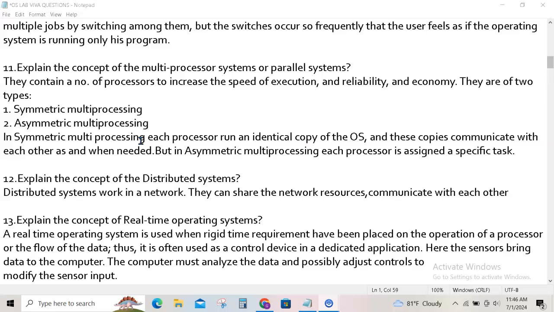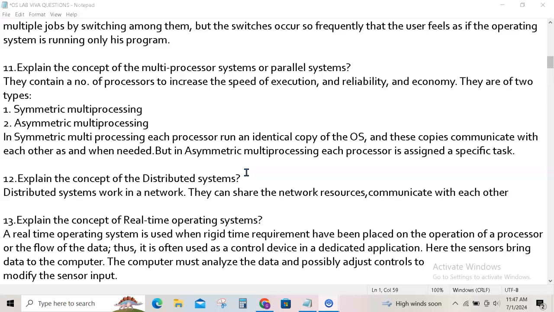Now we have two types of multiprocessor systems: symmetric multiprocessing and asymmetric multiprocessing. Symmetric multiprocessor systems are where each processor runs an identical copy of the operating system, whereas in an asymmetric multiprocessing system, each processor has a specified task.